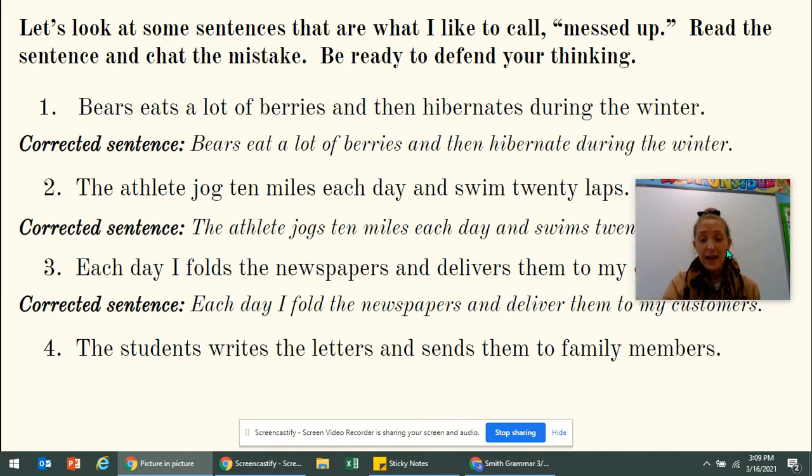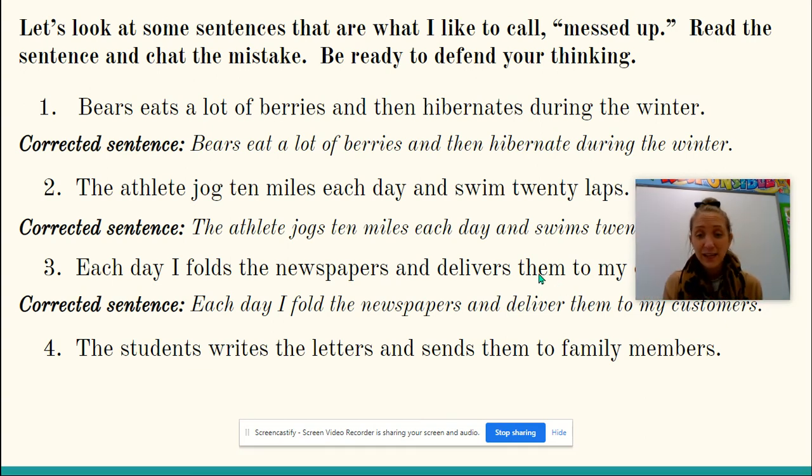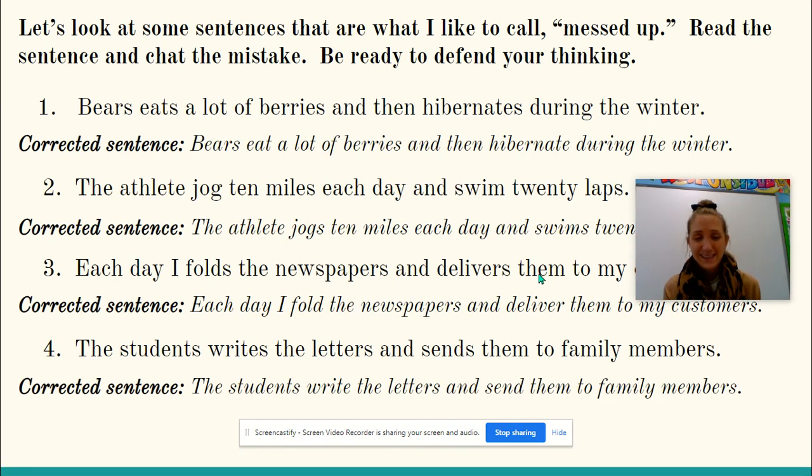You should be pointing at writes and sends. The students is plural. Plural, pause. Don't mess with the verbs. It should just be write and send. Let's see if that's correct. Yes, the students write the letters and send them to family members.